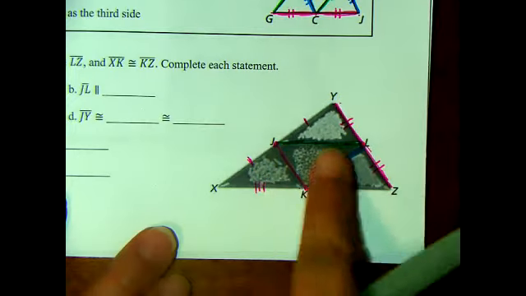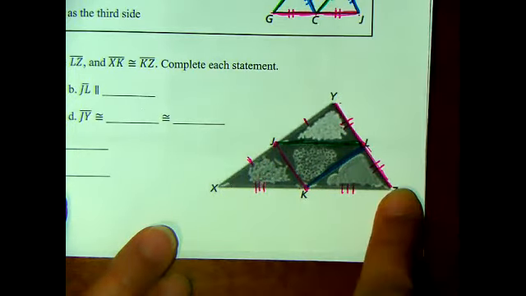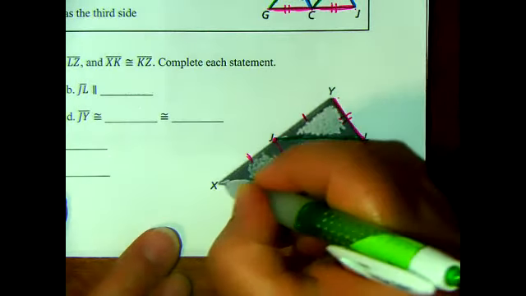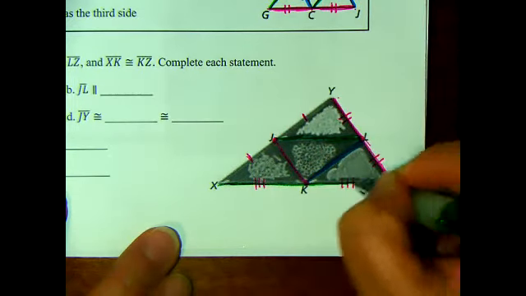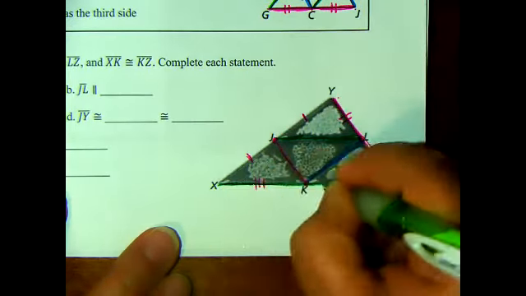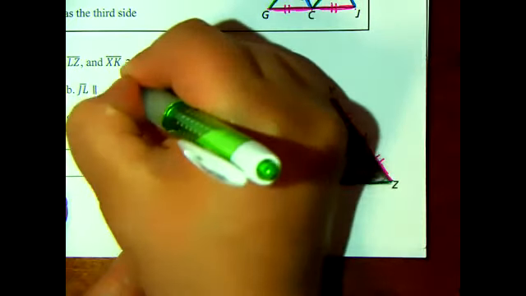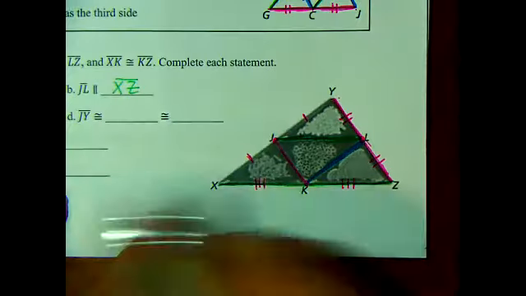Our third side to JL is going to be XZ right here. So that means JL is parallel to XZ.